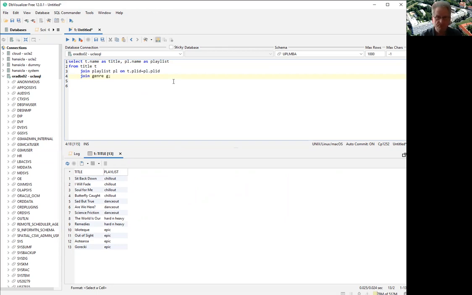Call it G on, and now the join condition has to follow. And maybe some of you can tell me what the join condition should be here.